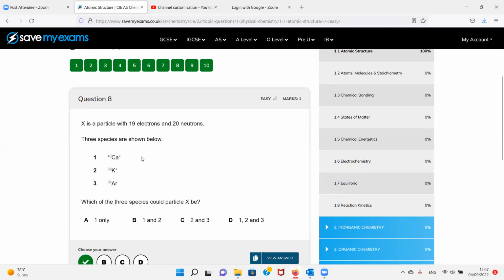So the only one that has 19 electrons is calcium +1, because originally the neutral atom of calcium has 20 electrons. But here you have +1, that means you've lost 1 electron, and therefore you've got 19 electrons in total. So the correct answer is 1.